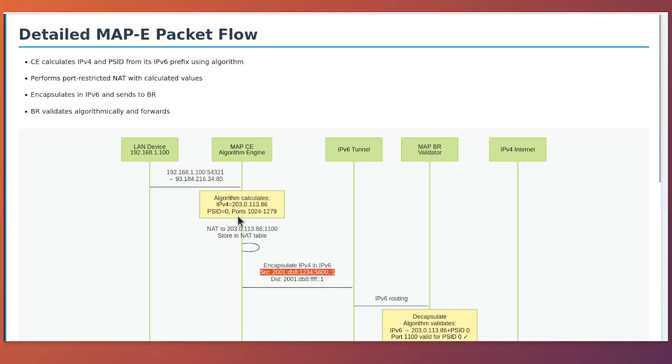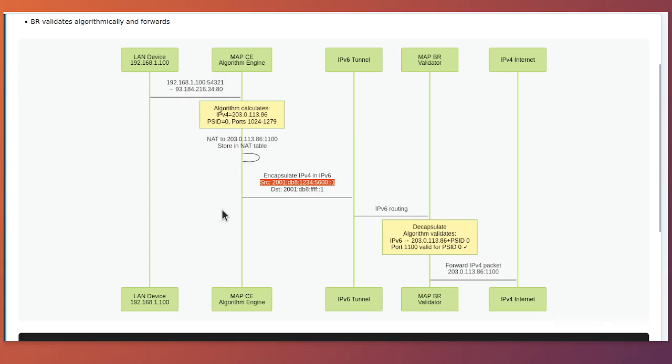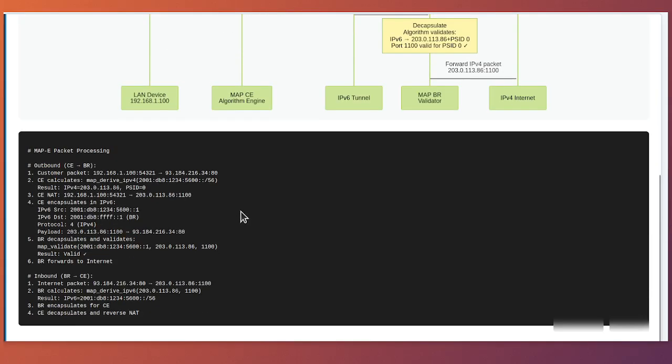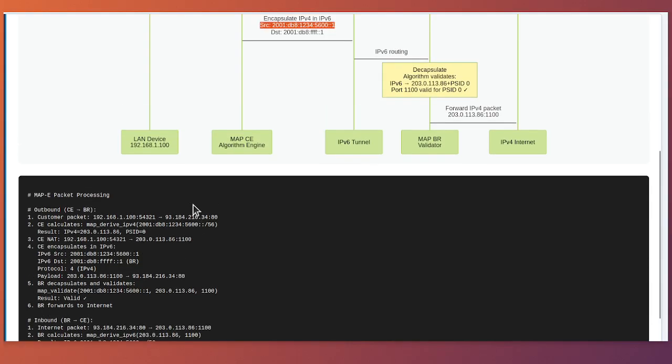The ISP's MAP rule specifies a rule IPv6 prefix of 2001:DB8:1234::/40, rule IPv4 prefix of 203.0.113.0/24, EA bits of 16 with 8 bits for IPv4 address selection and 8 bits for PSID, and standard port parameters.